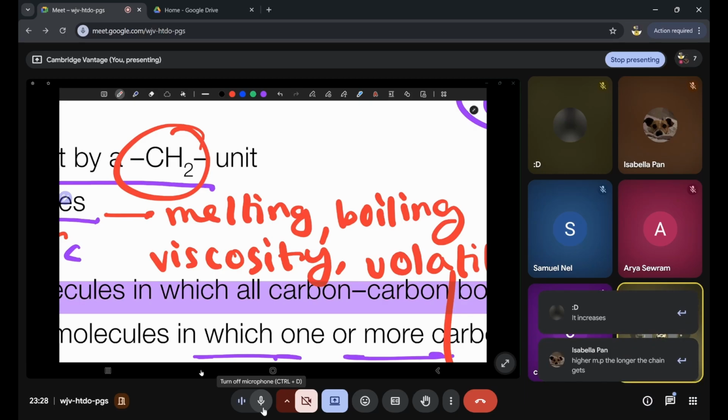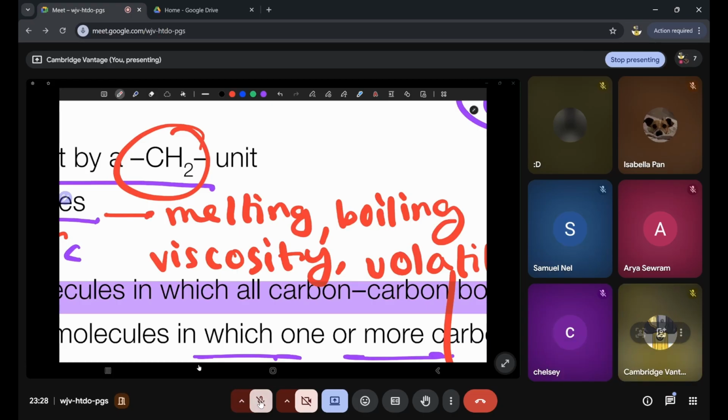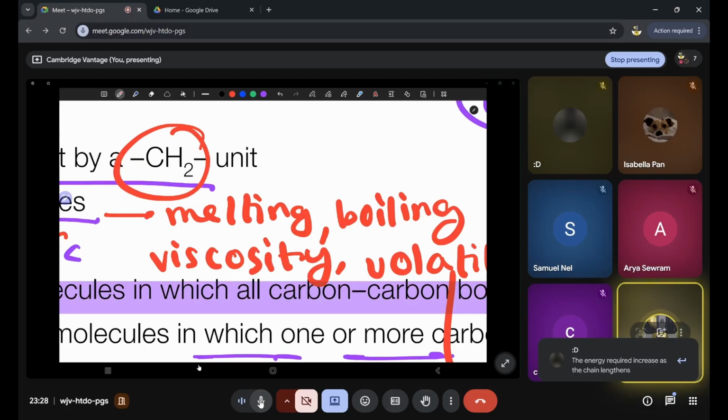Higher melting point, the longer the chain gets. Yes, both of you are correct. But can anyone tell me why it increases? The energy required increases as the chain lengthens. All right. But why does the energy required increase?